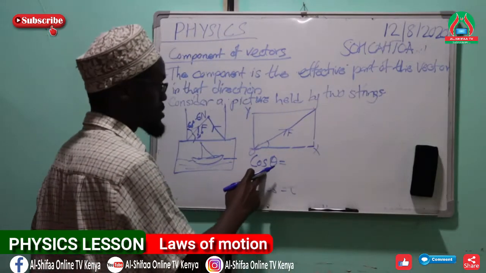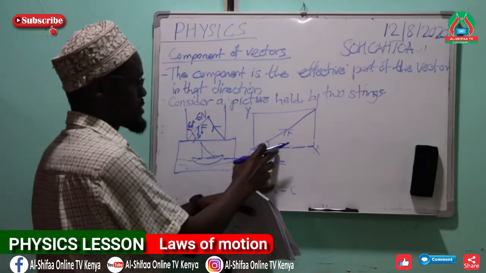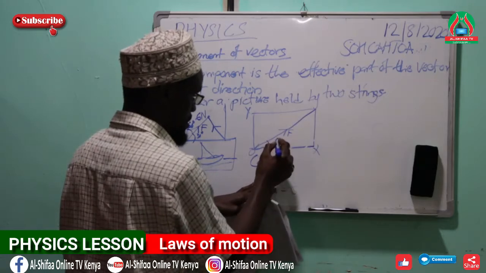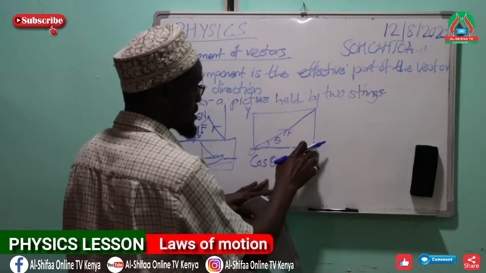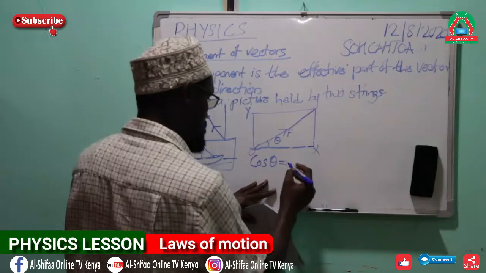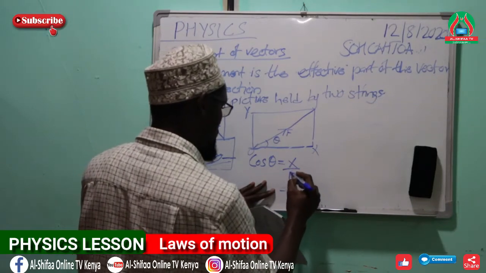So in our case, cos will have the adjacent, this is our theta, this is the adjacent, and this is the hypotenuse. So we'll have x over F.